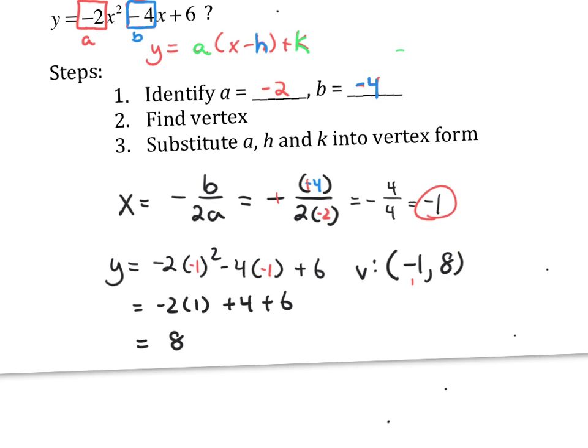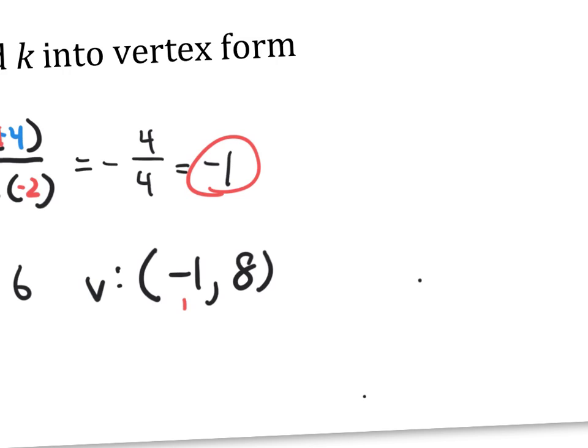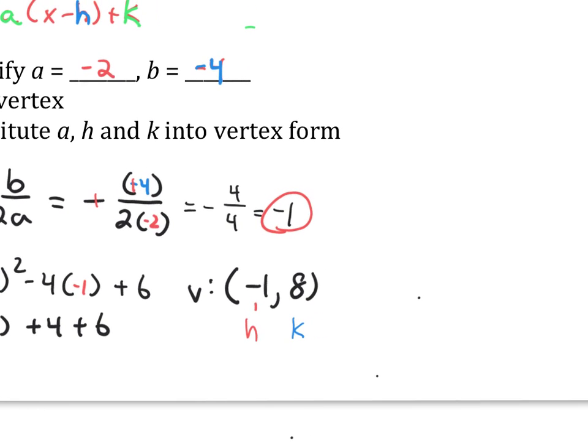And remember that my vertex has special letters. This one is called my H. This one is called my K. So all I have to do is take my A, H, and K and substitute them in. So I'm going to write down the vertex form just so that we refresh ourselves.